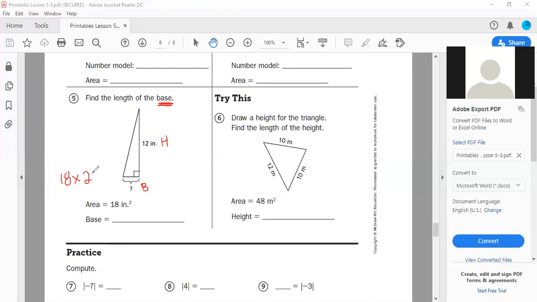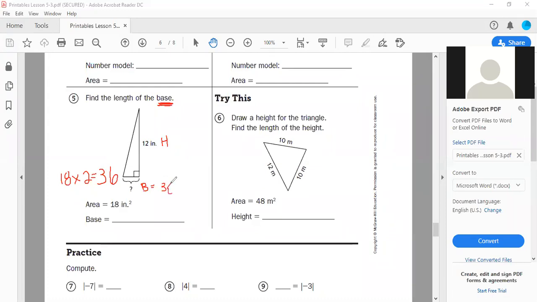Good. All right. So if I have 18 times 2, I'm going to get what? Ayub. 36. Yes, you get 36.